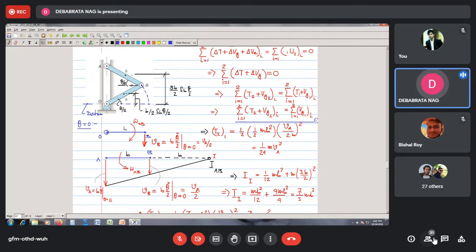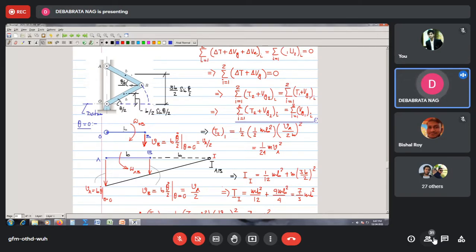Now what is omega OB? That we have already calculated in our previous problem, or you can calculate it from here even. You see, this is OB. This is making an angle theta by 2. So naturally, any change of this angle will be treated as its angular velocity. So the angular velocity will be half of theta dot, at theta equal to 0 position.